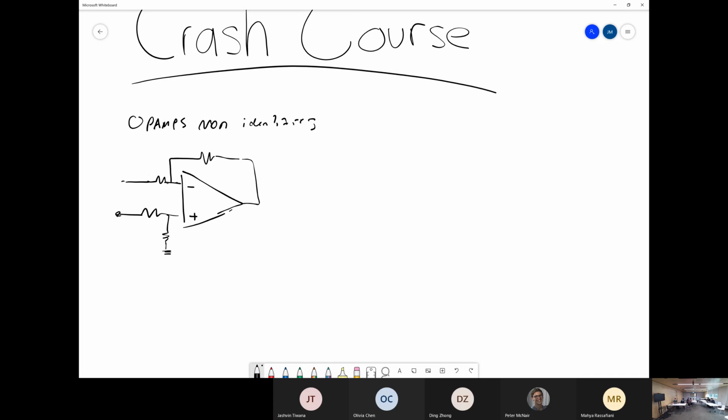So you have two inputs. What are some of the problems we could have with this amplifier? Well, we have currents flowing in, so we have IB and IOS, the bias and offset currents. What else do we have? We have the finite gain bandwidth of the op-amp.